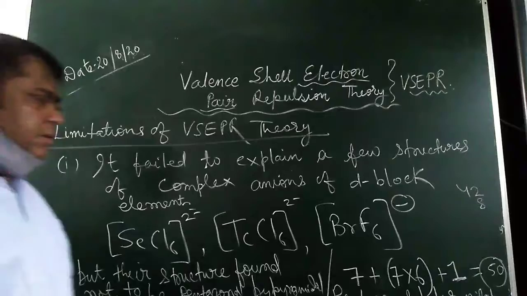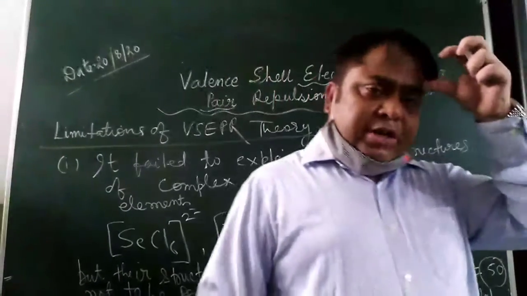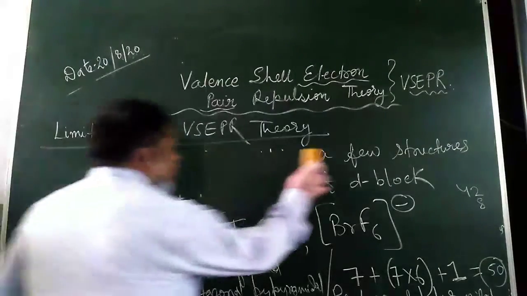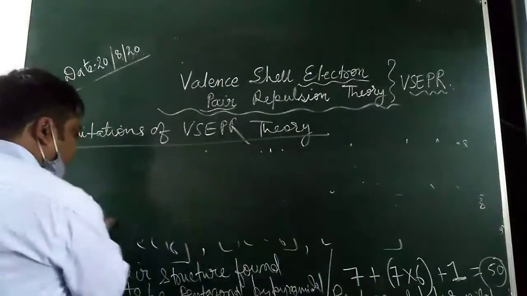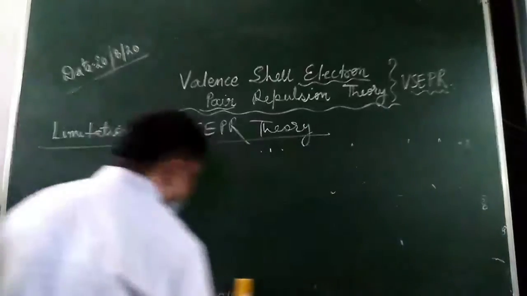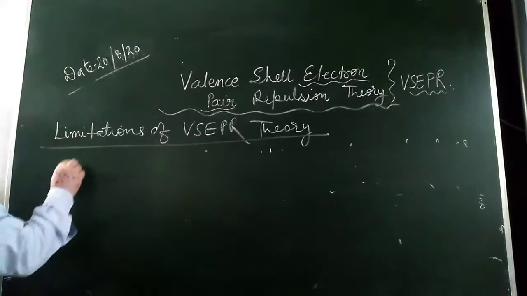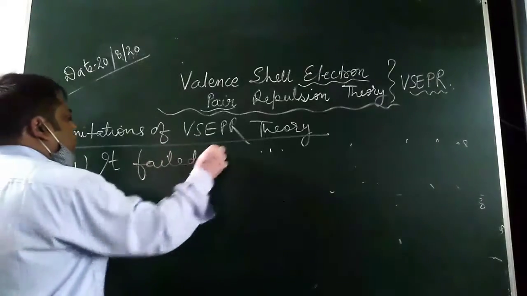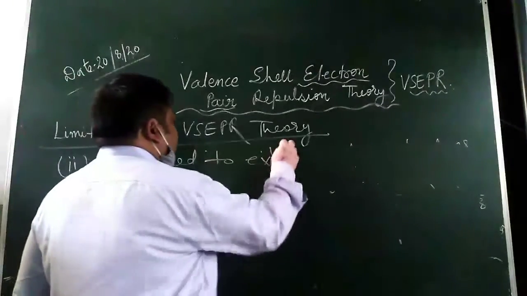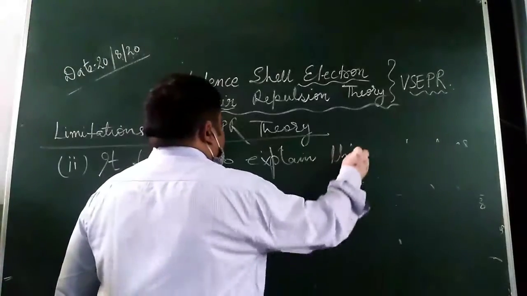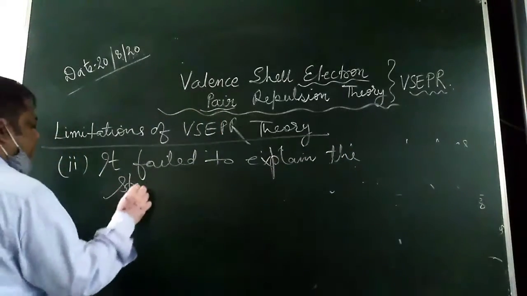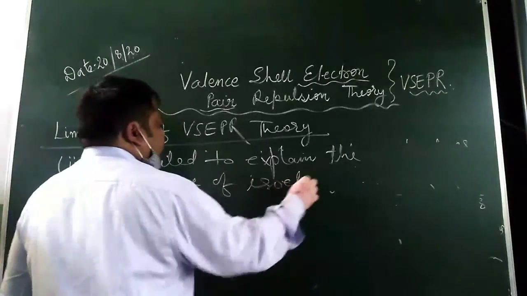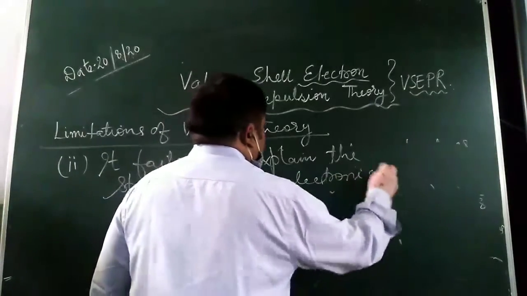Another limitation was in justifying the structure of isoelectronic species. Second limitation, it failed to explain the structure of isoelectronic species.